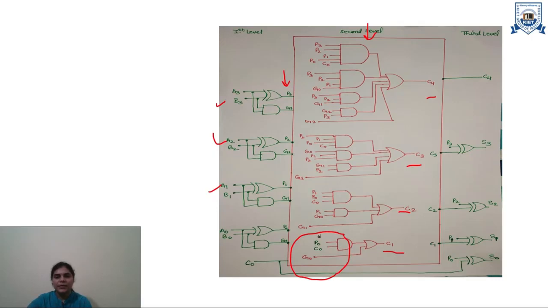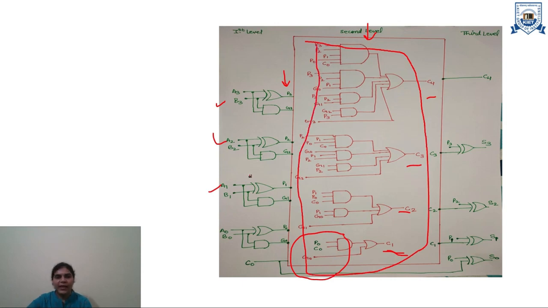You will notice that the circuit diagrams are made according to the equations for C1, C2, C3 and C4. This circuit is called the carry generator circuit.